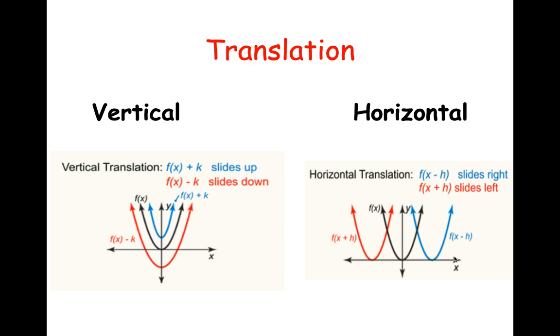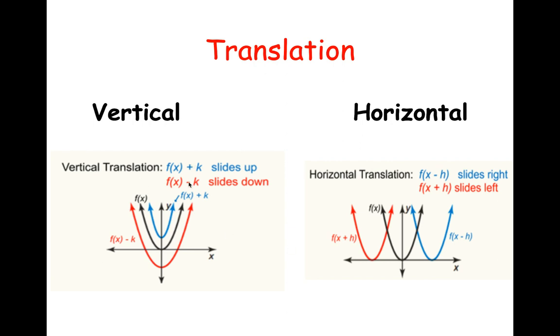So it's going to be sliding the graph along the x-axis left to right. If we subtract, you've got to be careful here because it's a little tricky. If we subtract, it's actually going to slide our graph to the right. So when I take away a value, it pushes the graph to the right, and if I add a value, it's going to shift that graph to the left.